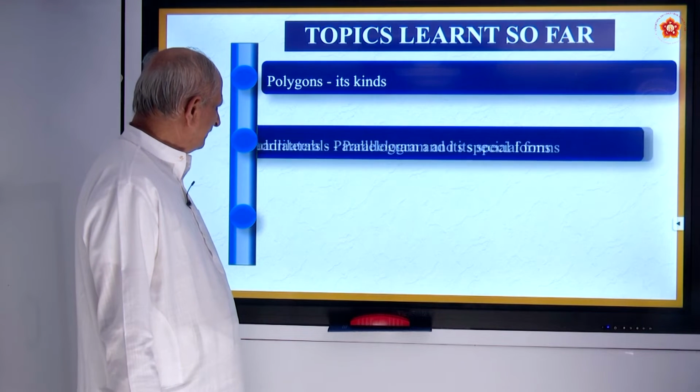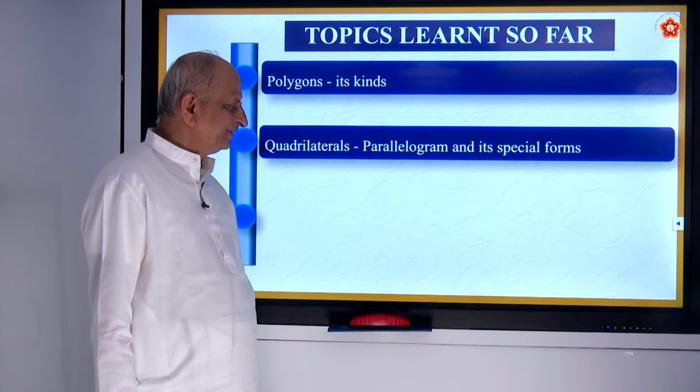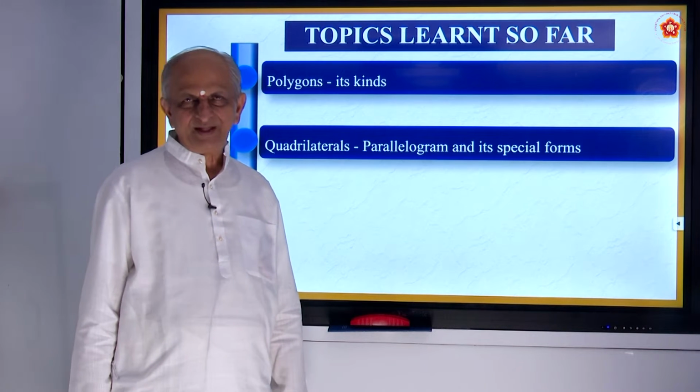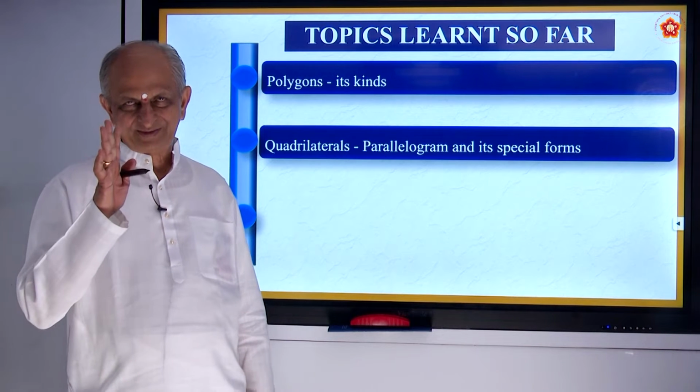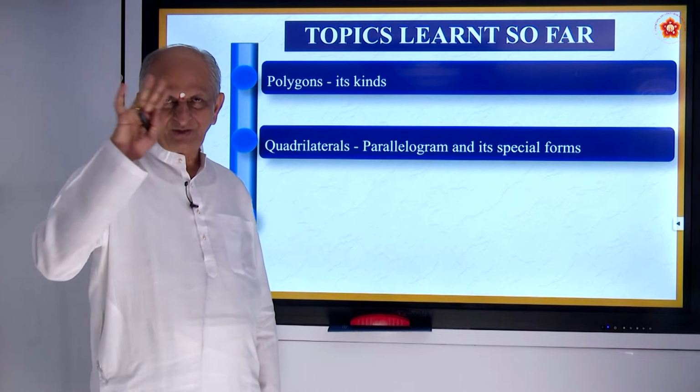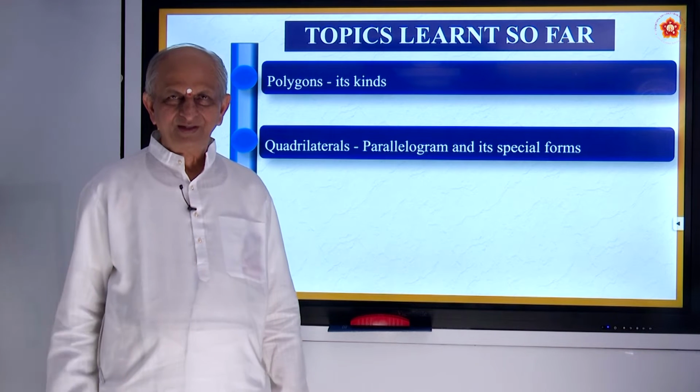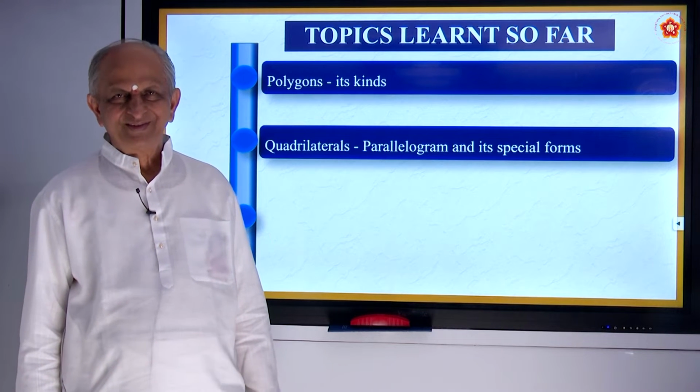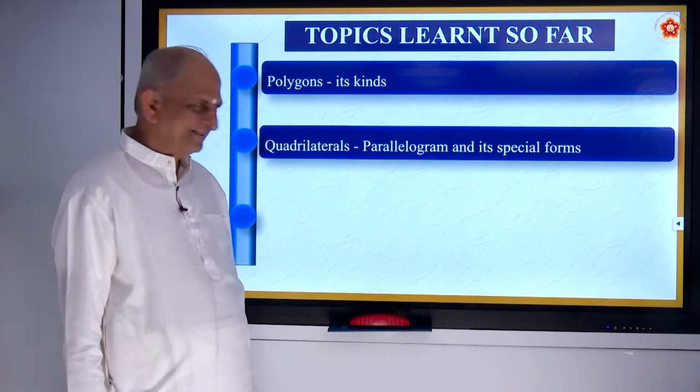And also we have studied about quadrilaterals, which means a plane figure having 4 sides. When you say 4 sides, it will have 4 vertices also. How many diagonals? 2 diagonals, correct?